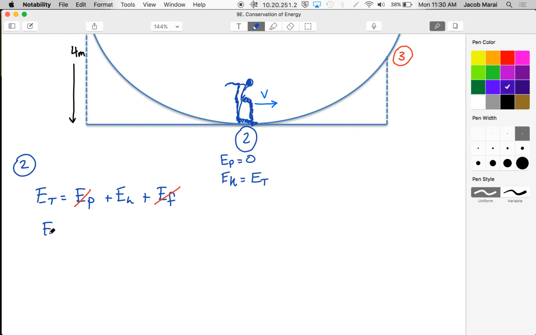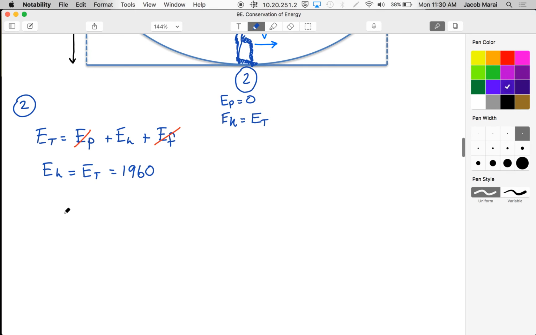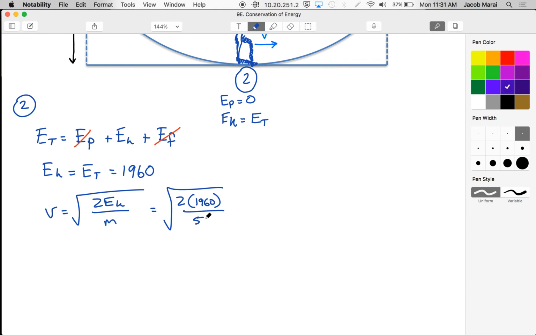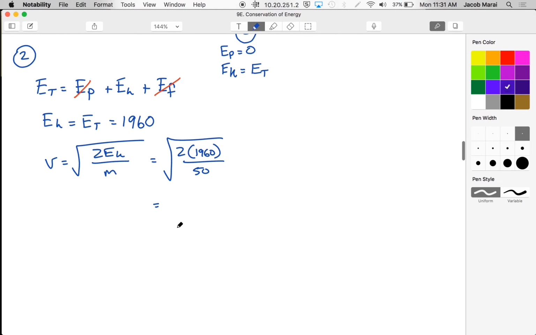We can then say EK equals 1960, or equals ET. Square root of 2 lots of his energy divided by his mass, and that will give him a speed. If he's 50 kilos and if he's got a kinetic energy of 1960, then he has to be travelling 8.85 meters per second.